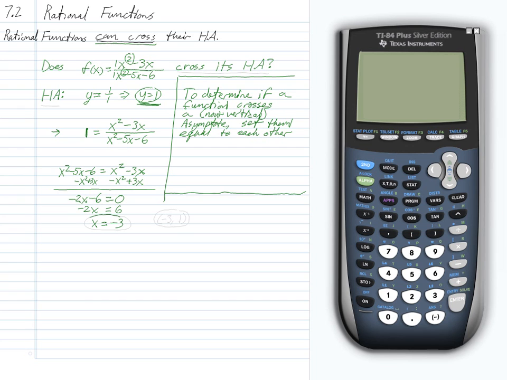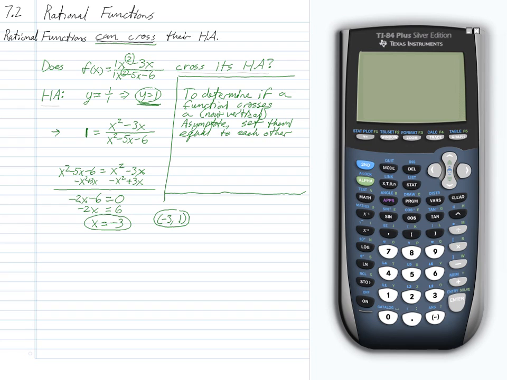In other words, we have in fact found the location where our function is equal to its horizontal asymptote. In fact, the point negative 3, 1 lies on the graph of my function, and this is where my horizontal asymptote and my function cross each other.